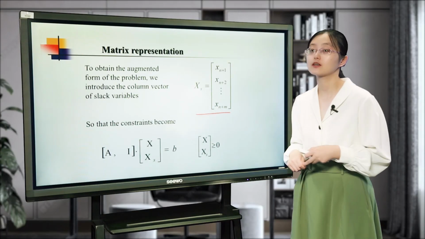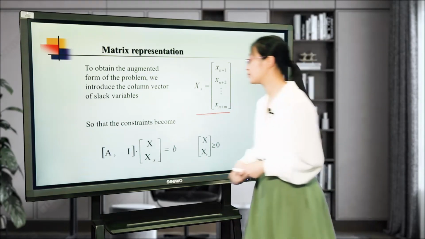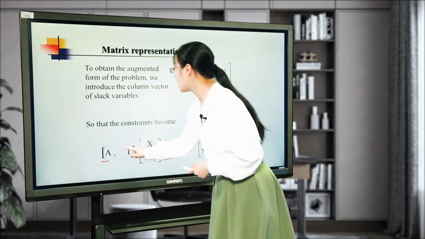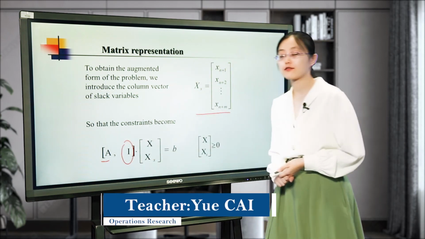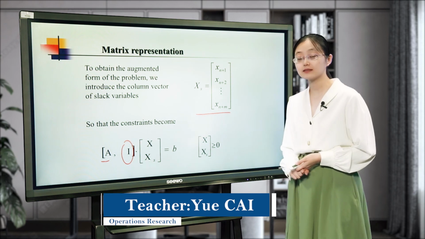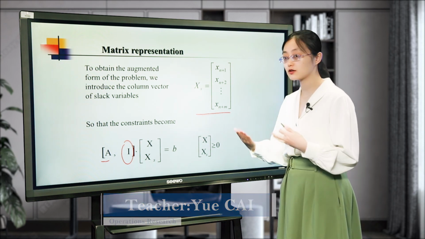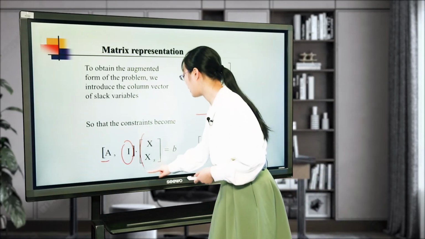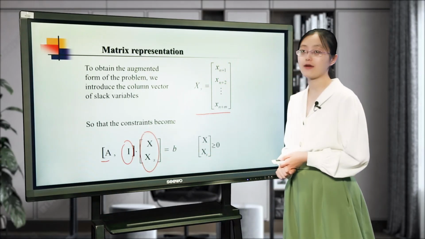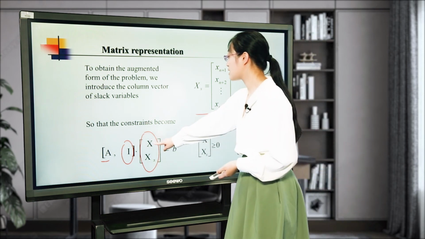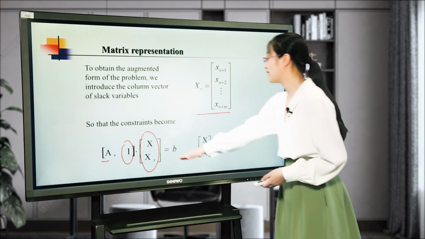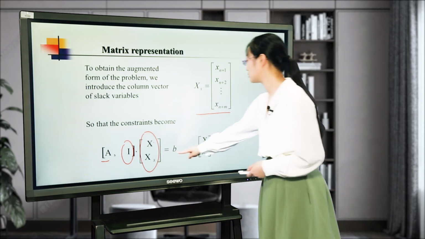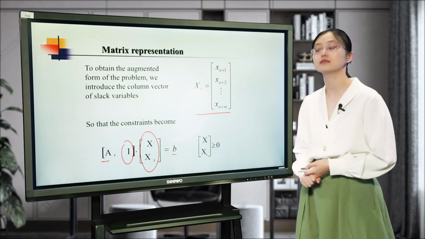The augmented coefficient matrix will be our old coefficient matrix A together with the coefficient matrix of the slack variables, the identity matrix with zeros appropriately assigned. And then the column vector of variables combines our original vector x and the vector of slack variables xs, equal to our right-hand side, the constants b.